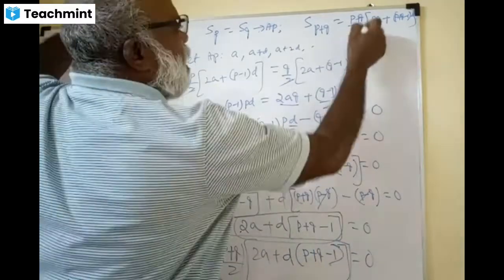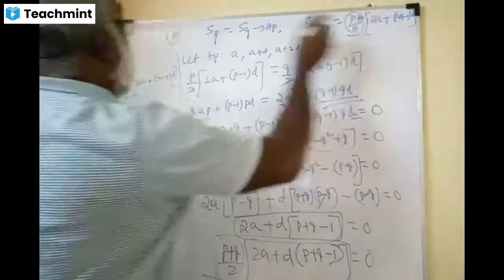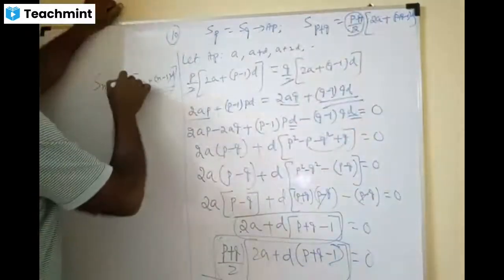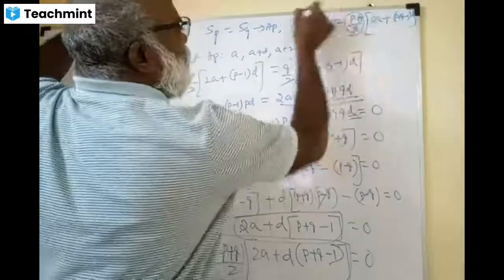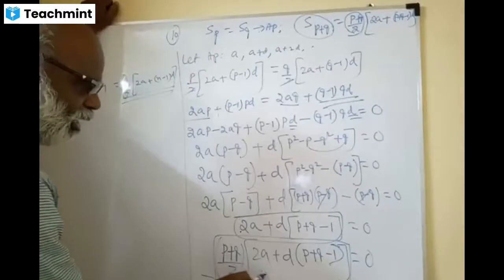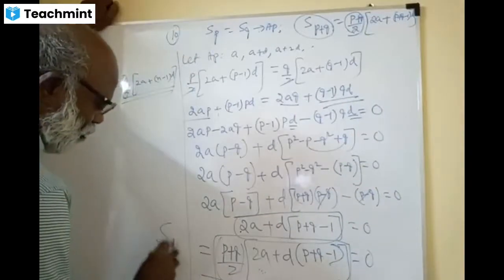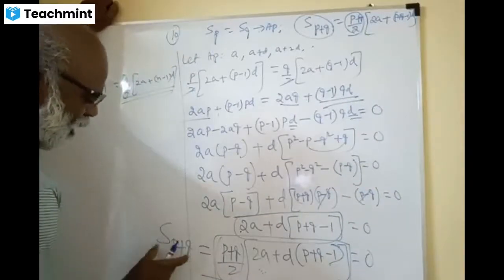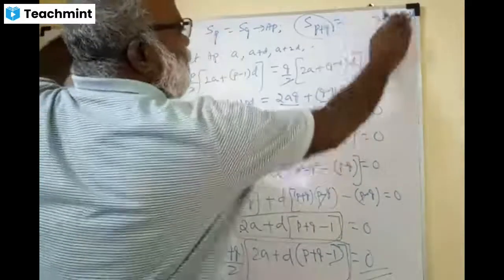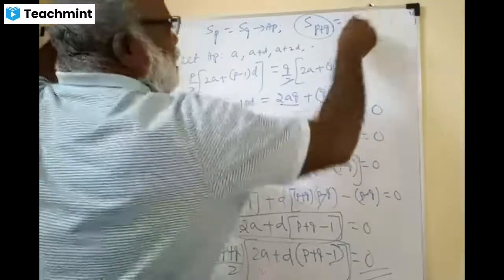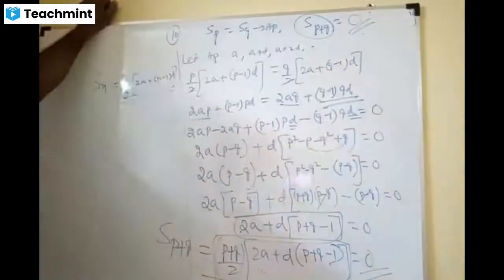What is outside? Outside is P plus Q by 2. Just as N by 2 outside gives Sn, P plus Q by 2 outside gives S of P plus Q. So what is this one called? S of P plus Q. Therefore S of P plus Q, what is the answer? 0. The answer is 0, my dears. The answer is 0. This one is the 1 mark.